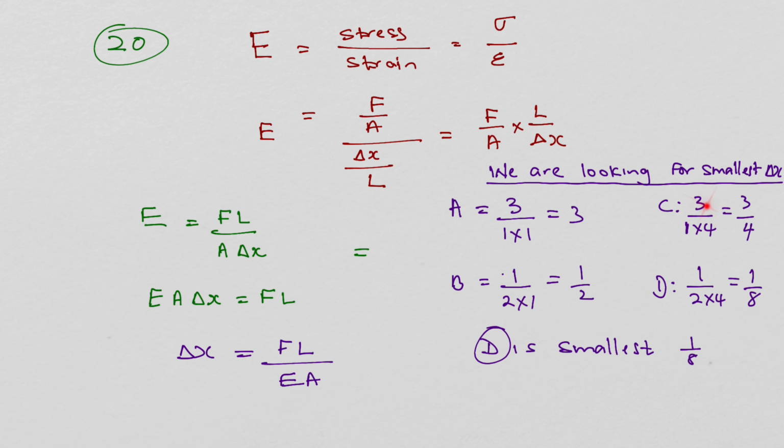For C, we got 3 for length, 1 for the cross-sectional area, and 4 for Young's modulus, and that's 3 over 4. And we look at D, where L is 1, cross-sectional area is 2, and E is 4, and that's 1 over 8. So D is the smallest, which is 1 over 8.